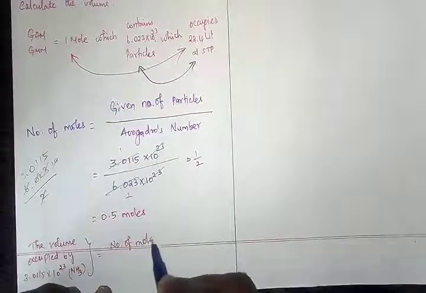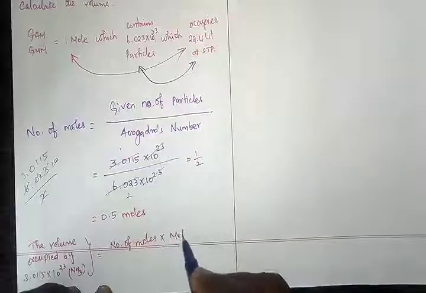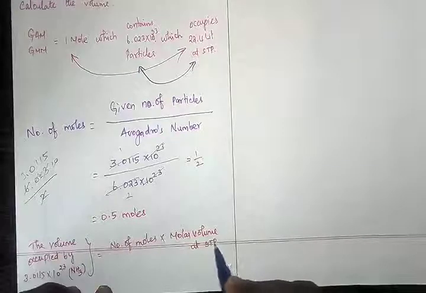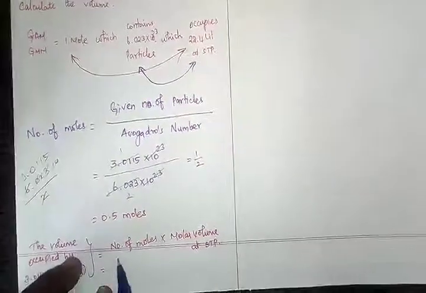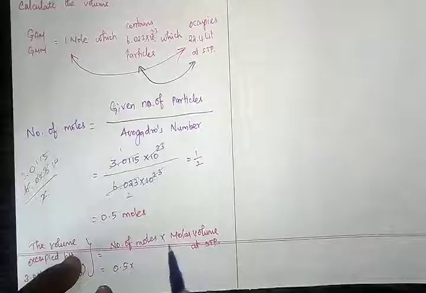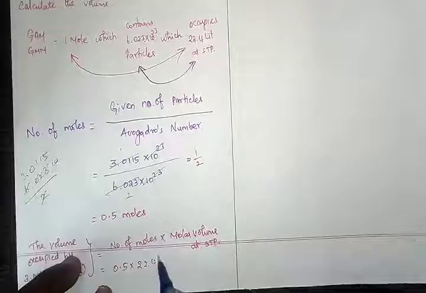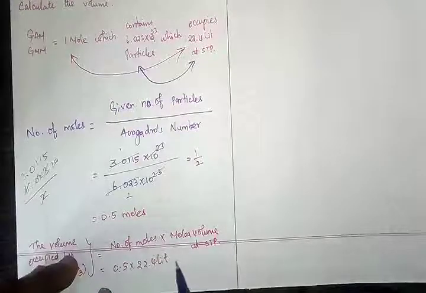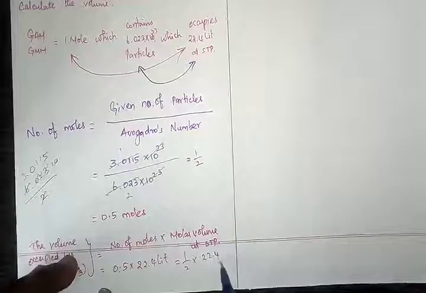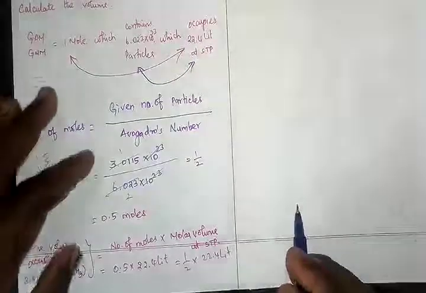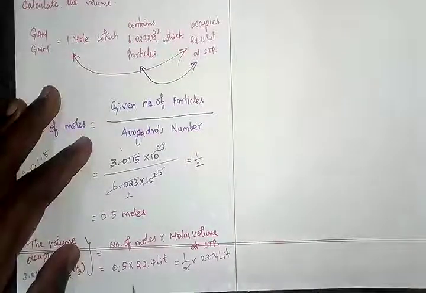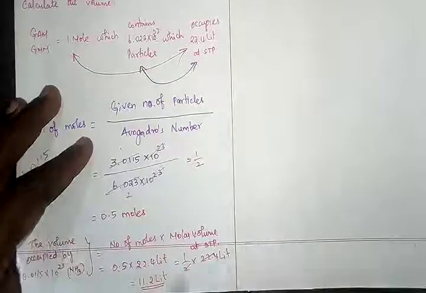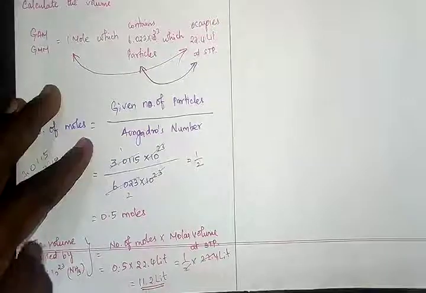Number of moles into molar volume at STP. So 0.5 is the mole into molar volume is 22.4 liters. Otherwise we can write 1 by 2 into 22.4 liters, right? So the answer is 11.2 liters. So the volume occupied by this many number of ammonia is this.